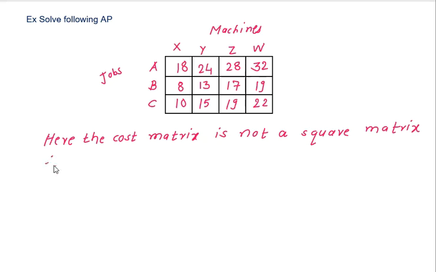Therefore, it is an unbalanced assignment problem. So we have to first convert it to a balanced assignment problem by adding one dummy row to the cost matrix.